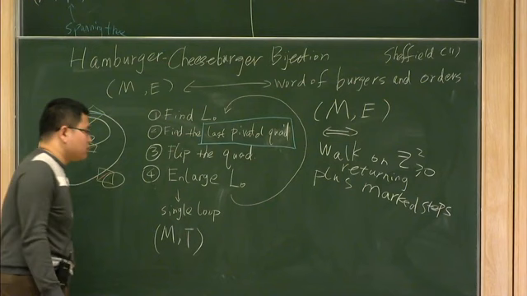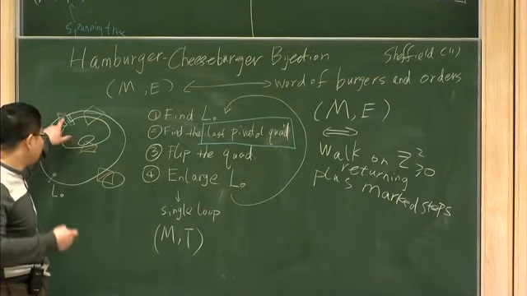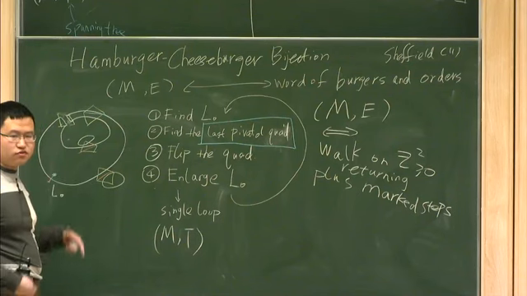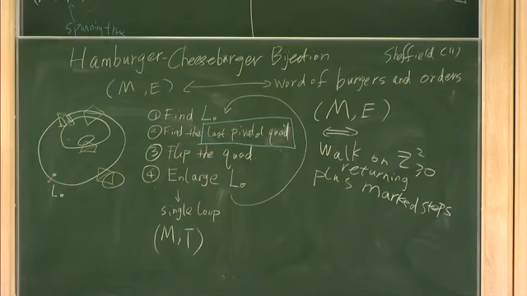And these marked steps correspond to these flipped pivotal edges. Now, what's the meaning of this in terms of burgers?